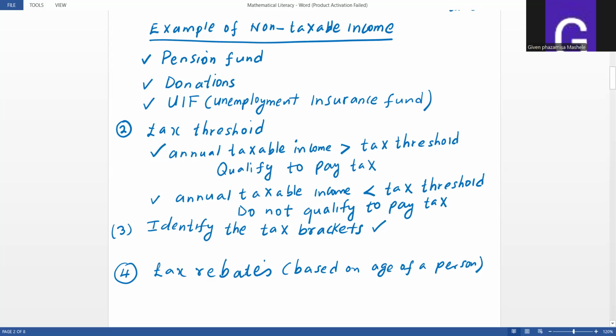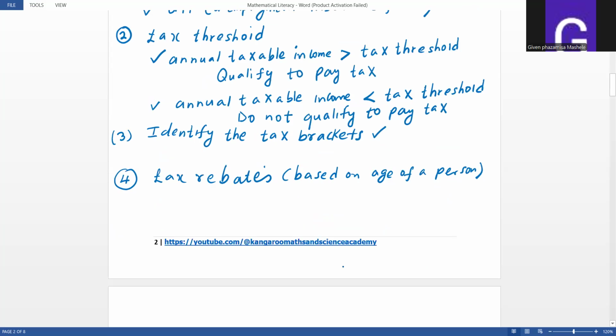Remember, the tax rebate is also set as an annual amount. Then this tax rebate needs to be reduced from the annual tax.